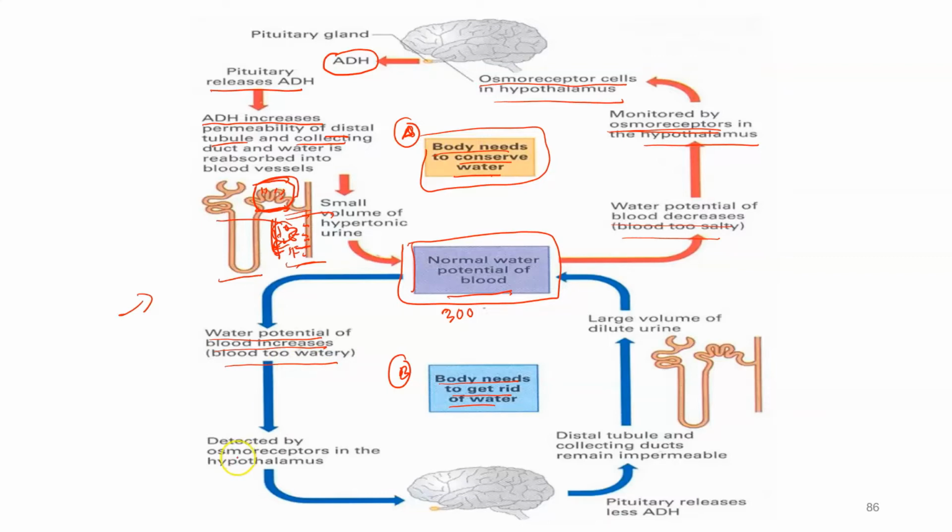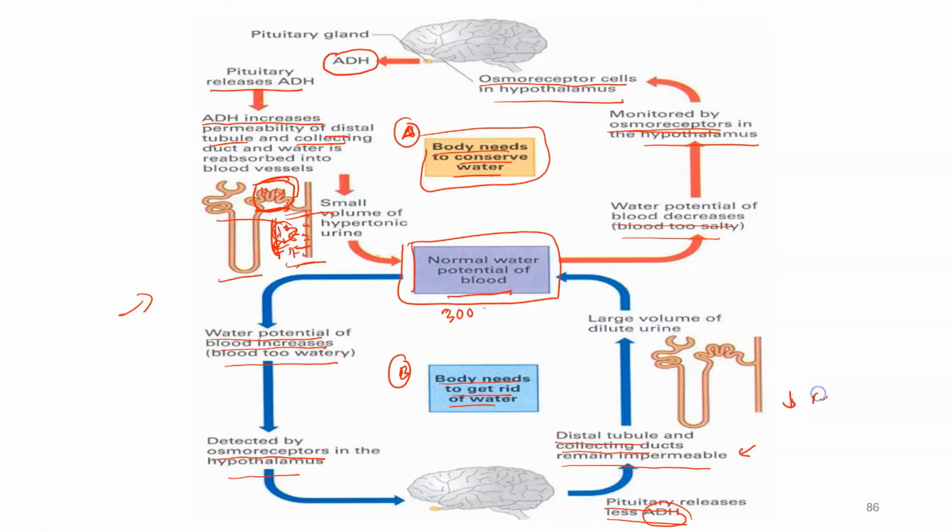So this is detected by the osmoreceptor in the hypothalamus, and then causes the posterior pituitary to release less ADH. So this causes the distal tubule and collecting ducts to remain impermeable. So there will be less aquaporin added. Therefore less reabsorption of water will occur.